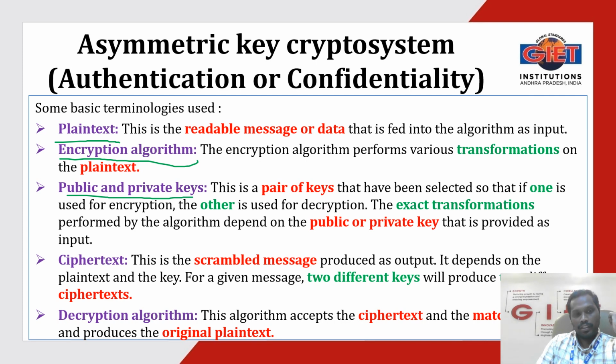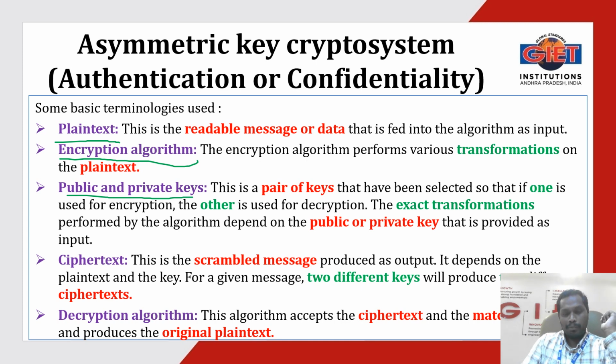So this is an important concept in asymmetric key crypto system, whereas in symmetric crypto system we have seen that it is a shared key or secret key. But now coming to asymmetric key crypto system, the terminologies that they use are public key and private key. These are the pair of keys that are given by every user in the network.